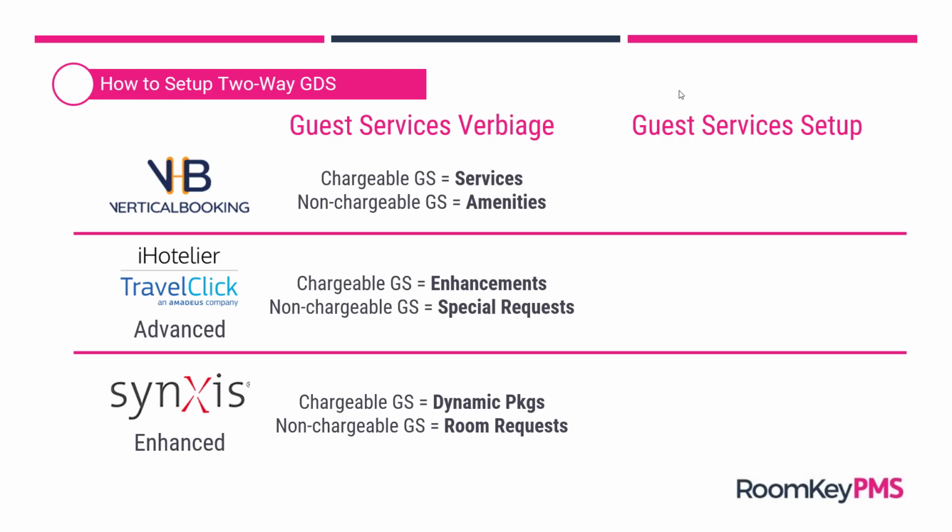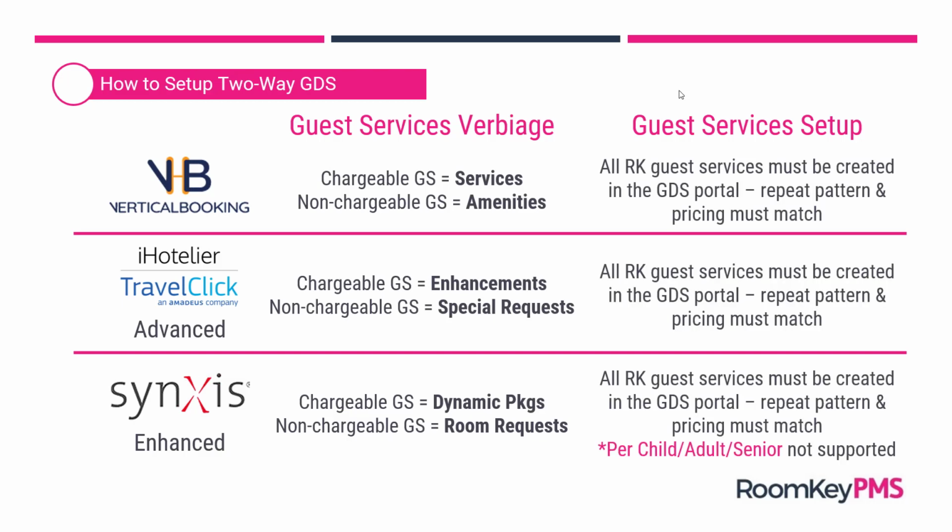So what you'll actually do for all three of these connectivity partners is you're going to create all of the guest services that are created in RoomKey on your GDS platform or portal. You want to pay particular attention to how the repeat pattern and pricing is set up in RoomKey so that you can match those in your GDS portal as well.